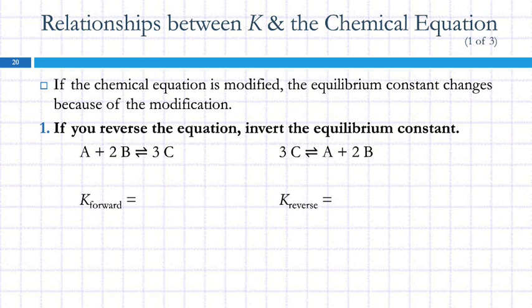So how you write the reaction makes a difference here. If you write the reverse reaction, the equilibrium constant can't be the same because now you made the products reactants and the reactants products.